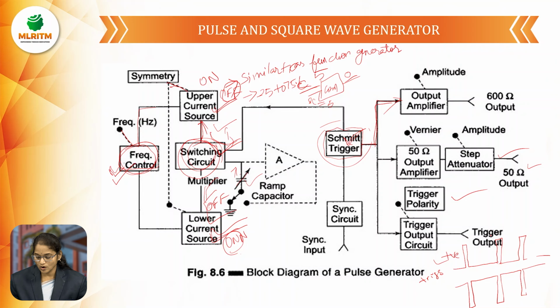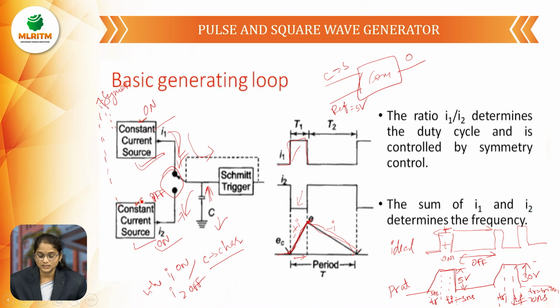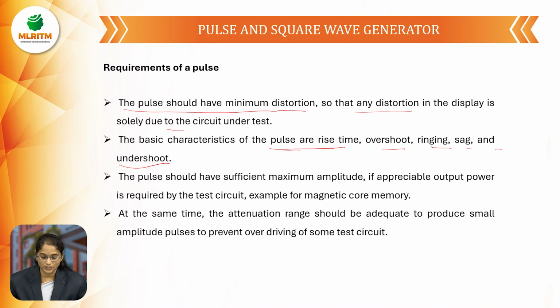This is the on time and off time period of the trigger. This is the positive trigger pulse and this is the negative trigger pulse. Well, this is about the pulse and square wave generators.